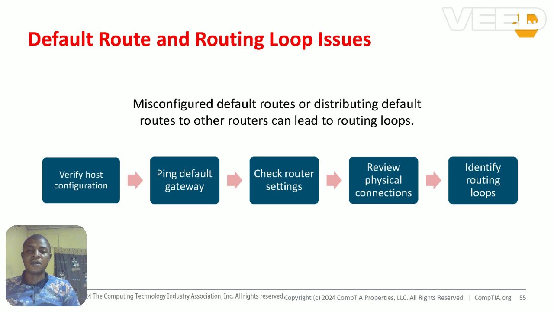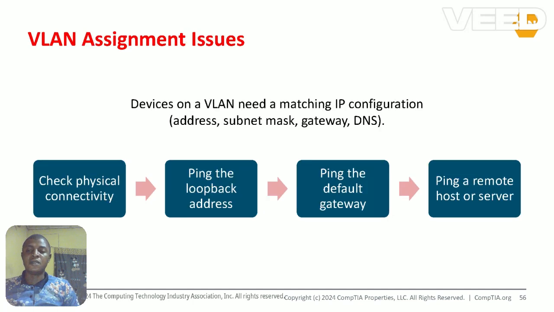Let us consider another problem: VLAN assignment issues. What are the causes? Devices on a VLAN need a matching IP configuration: the address, the subnet mask, the gateway and DNS. So how do we solve this? Check physical connectivity, in case one of the cables got broken.